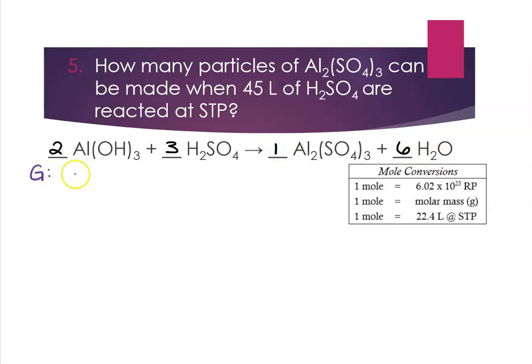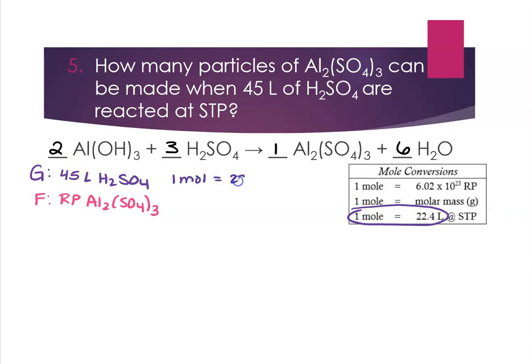All right, so we're given here 45 liters of H2SO4, and we are asked to find particles of Al2(SO4)3. So particles are the same as RPs, so Al2(SO4)3. All right, so to get from liters to moles, I'll need the conversion. 1 mole is equal to 22.4 liters of H2SO4.